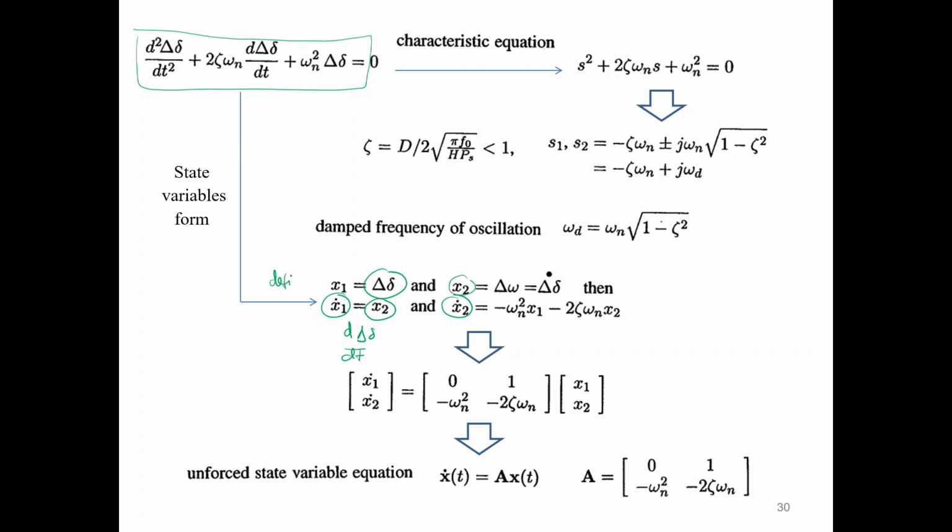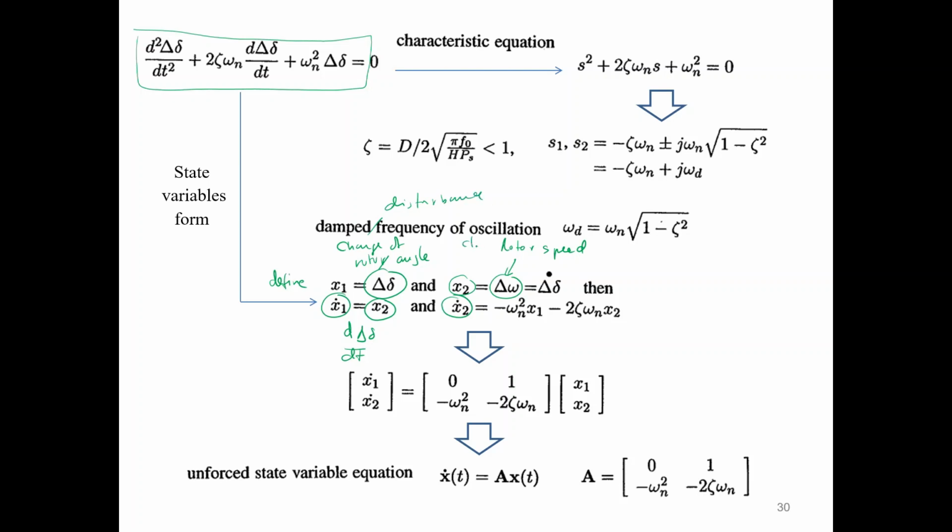The first line is the definition: we define x1 as delta delta, and x2 as delta omega. What is delta omega? This is the change of rotor speed. The other is the change of rotor angle, but in this case this is the disturbance.